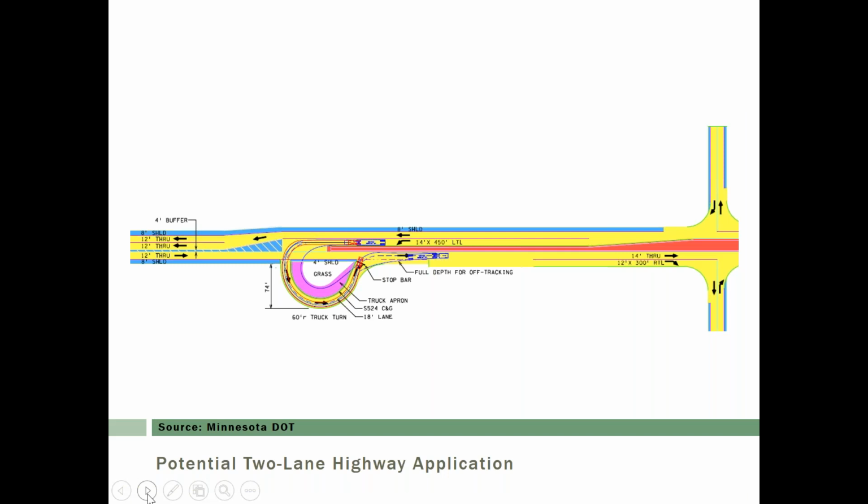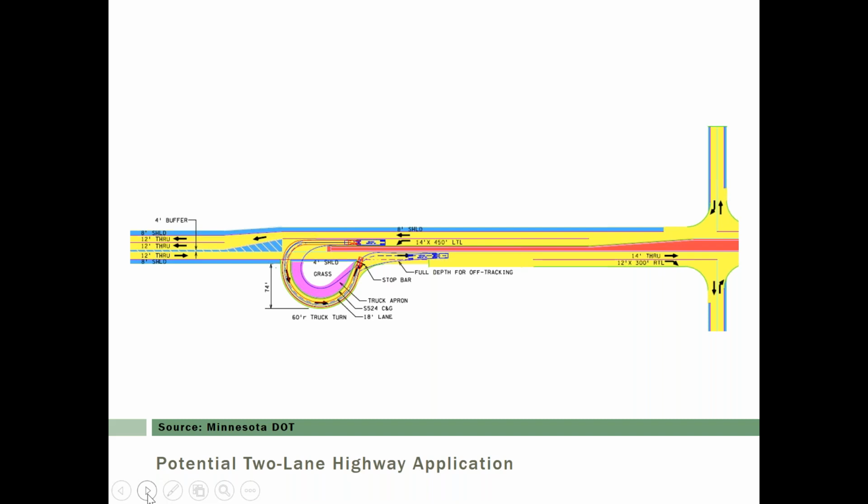So here's a sketch of what I was talking about with regard to applying this on a 2-lane roadway. Theoretically, it doesn't have to be a major street that is a 4-lane divided street. So the concept could be applied on a 2-lane roadway or a 3-lane roadway with alternating passing sections.